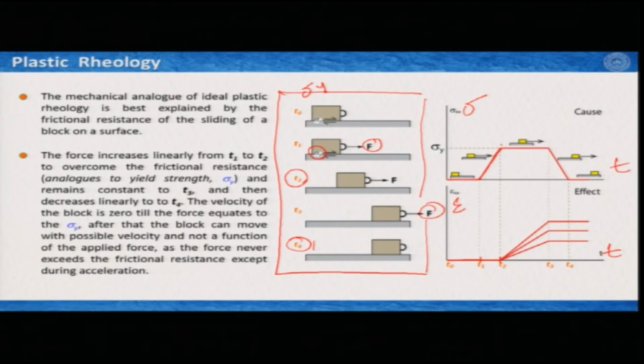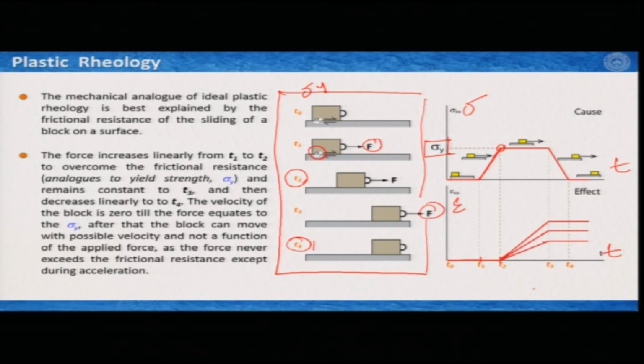Now, when you reach the stress value equal to your yield stress, or in this case the frictional resistance, then the material starts moving. Now, here I have 3 different curves, and there can be n number of curves.